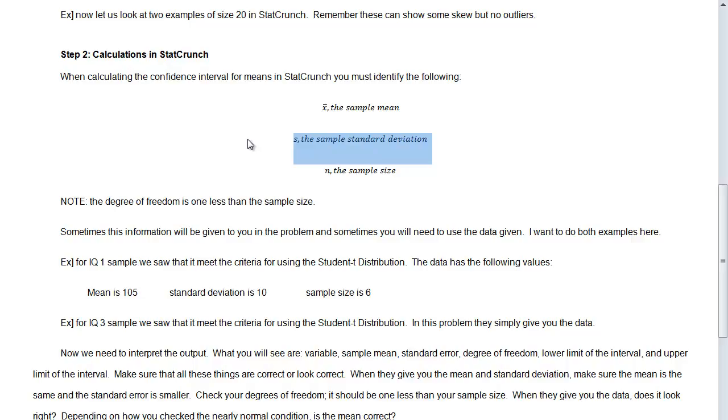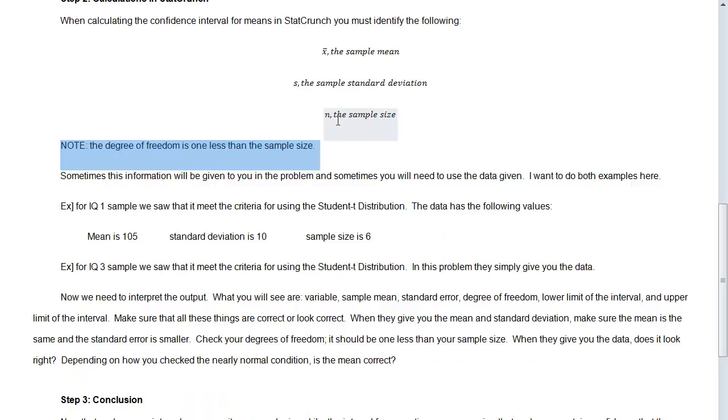But if we only know the sample standard deviation, then we're going to be using the student t, and then n, the sample size. With these 3 things, we are able to calculate the confidence interval. Note, the degree of freedom is 1 less than the sample size. Just wanted to throw that in there. But StatCrunch is just going to ask for the sample size and calculate the degree of freedom.